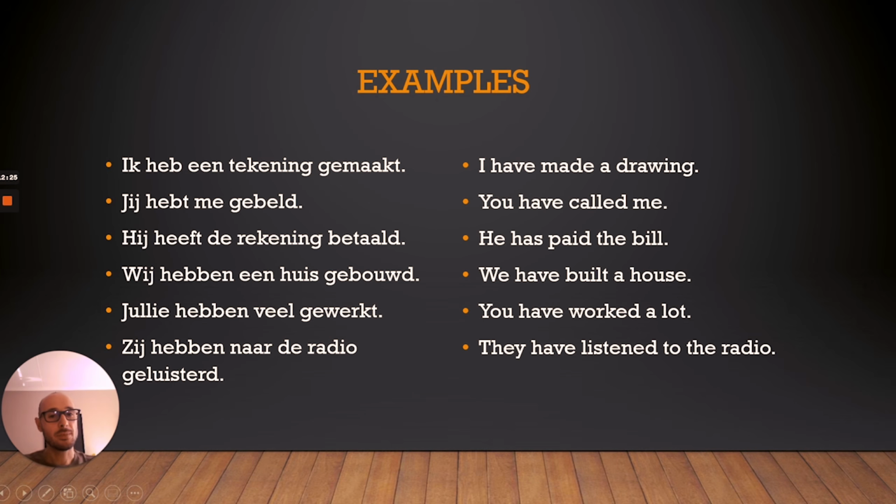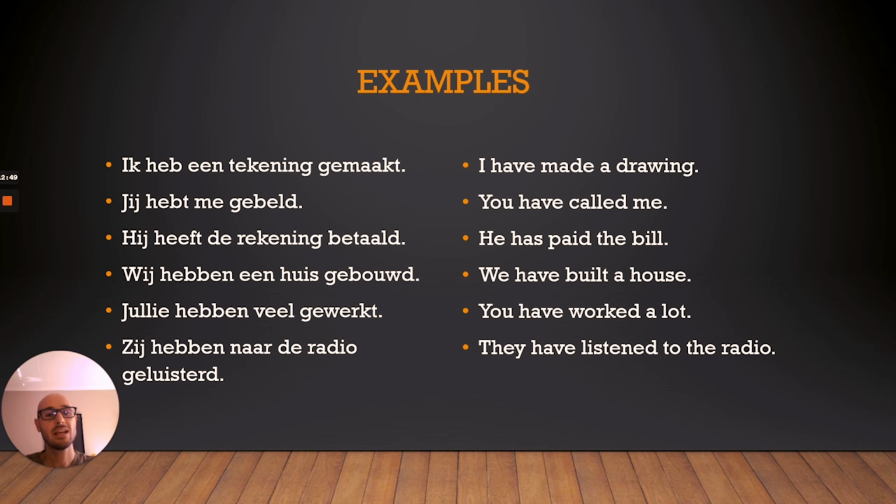And then I'll give you some examples and I want you to look at the structure. In English, you would say, I have made a drawing. Your auxiliary verb, which is have, and your past participle, which is made, are together. In Dutch, we don't do that. In Dutch, we will put our past participle all the way to the end.